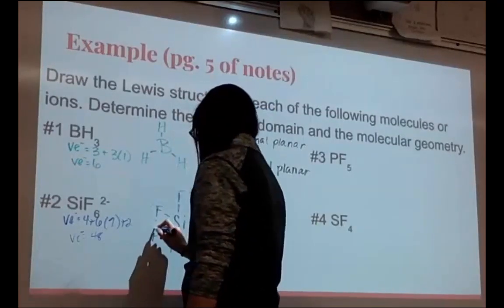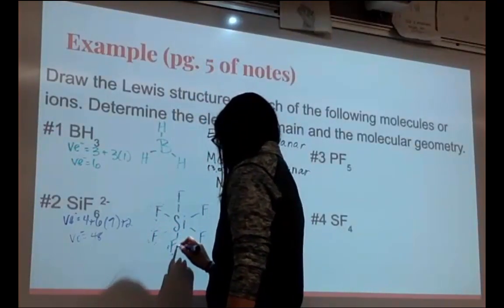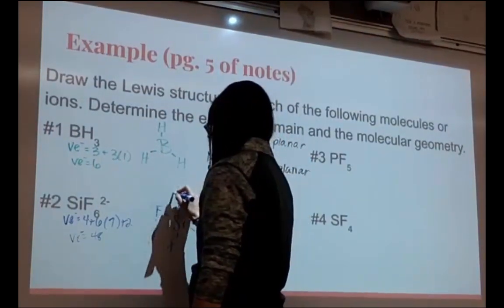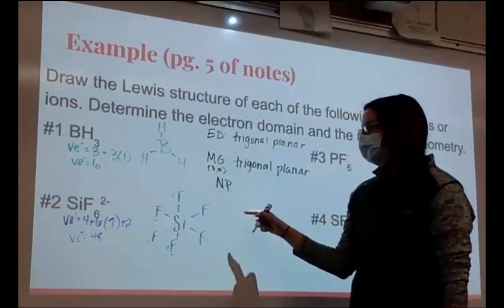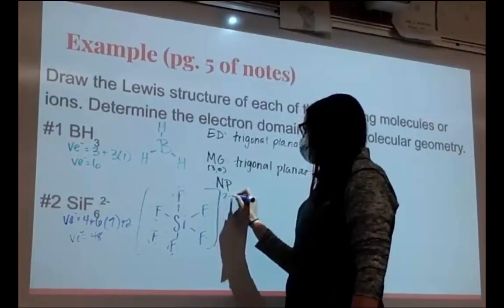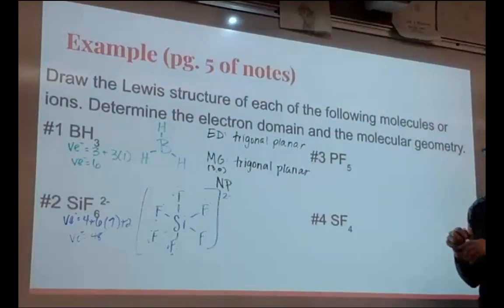I know it's a lot of dots to draw, but just don't forget your lone pairs. So there's SiF6, however, it's 2 minus, so don't forget to put it in brackets with the charge on the outside.